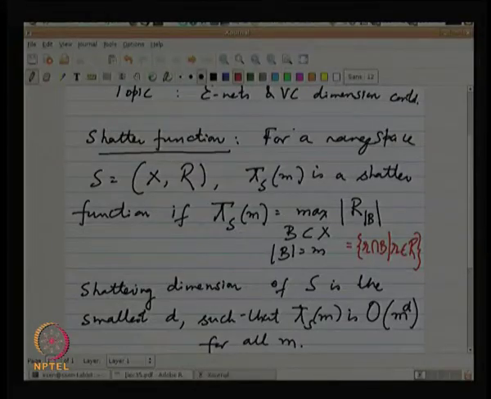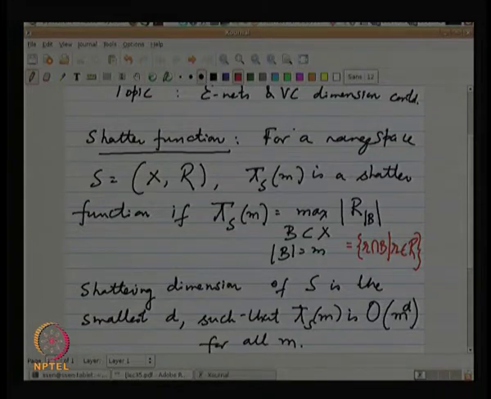Is computing these two quantities, VC dimension and shattering dimension, NP-hard? Oh no, this is not a computational problem, it is a purely combinatorial quantity. We are not trying to discuss algorithms to compute this. It is: given a range space, tell me what the VC dimension is, by whatever proof techniques you may have.